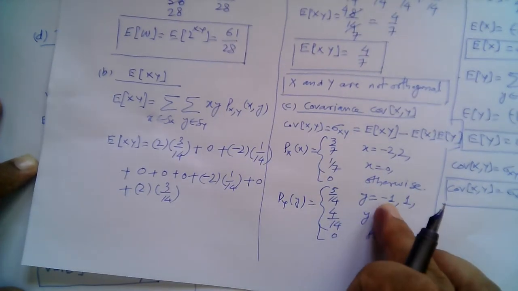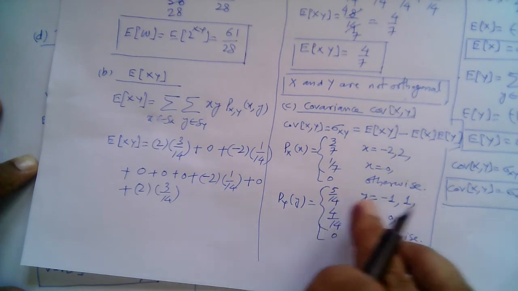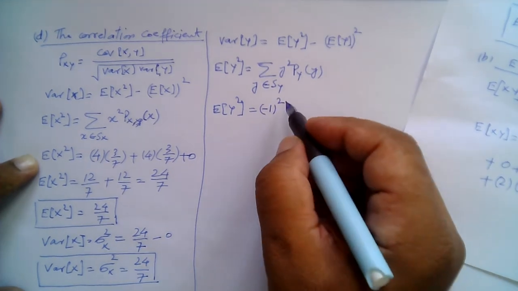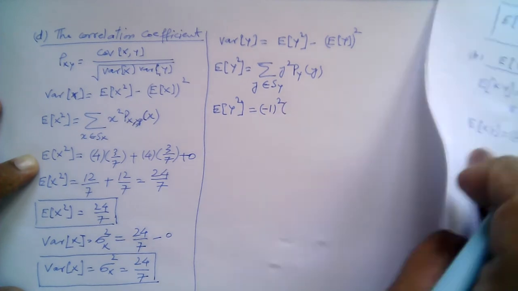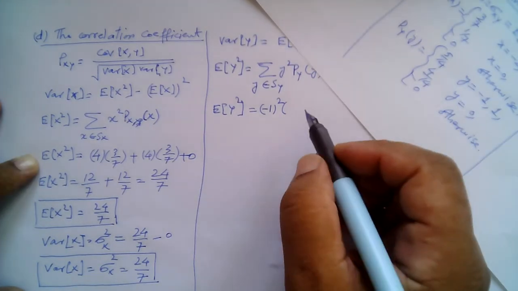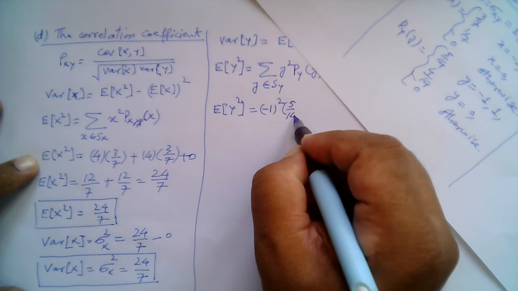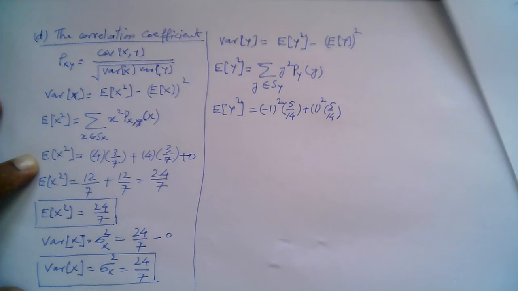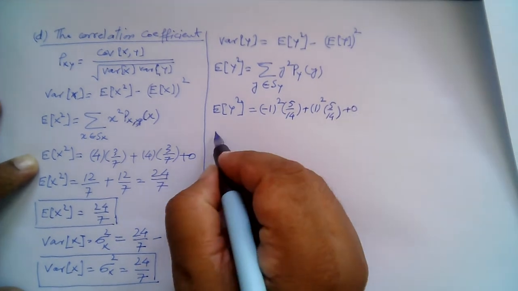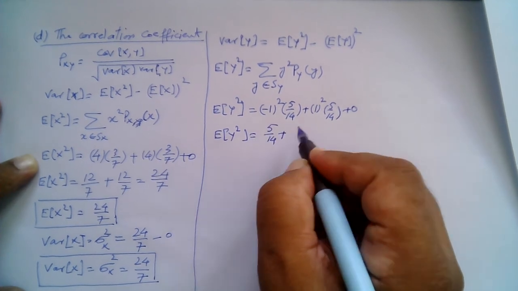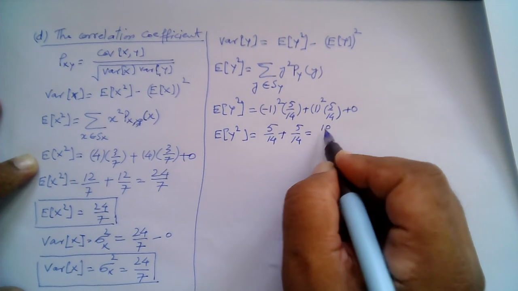So this is minus 1 squared multiplied by 5 over 14, plus 1 squared multiplied by 5 over 14, plus 0. So the expected value of y squared is equal to 5 over 14 plus 5 over 14, that is 10 over 14.